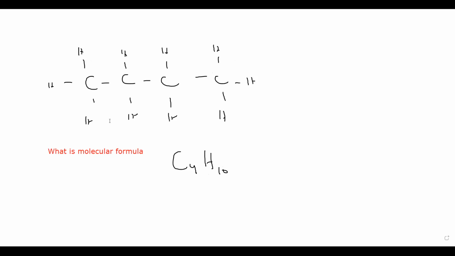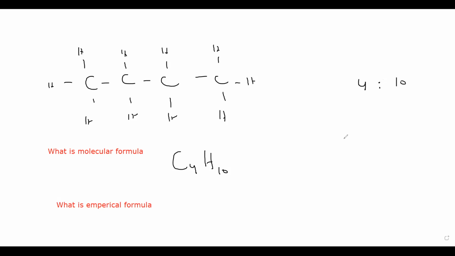Now, we need the empirical formula, the formula which represents the simplest ratio between the atoms. So carbon is 4 and hydrogen is 10.